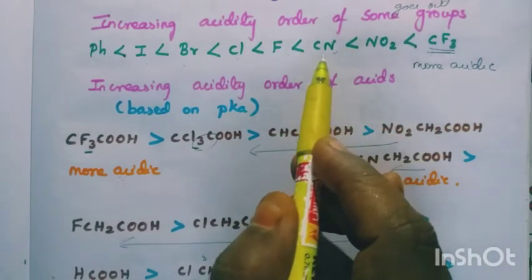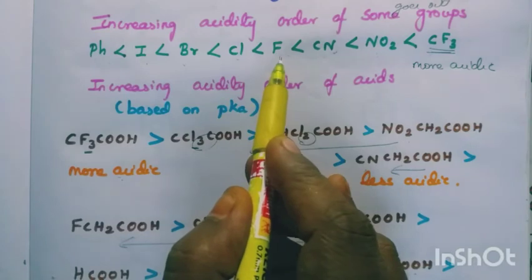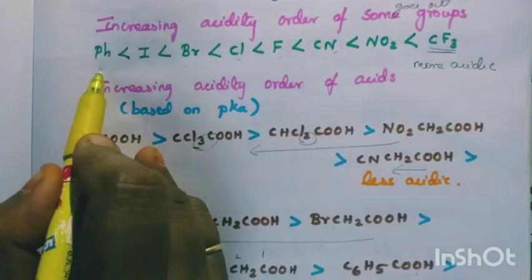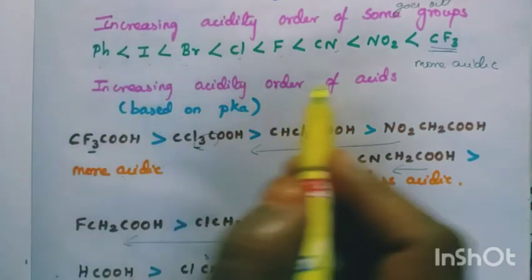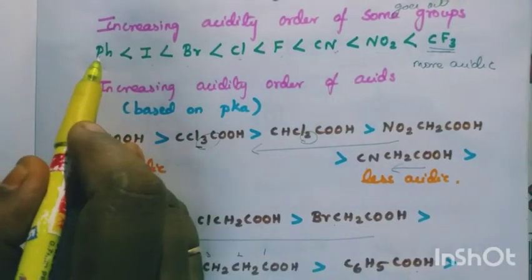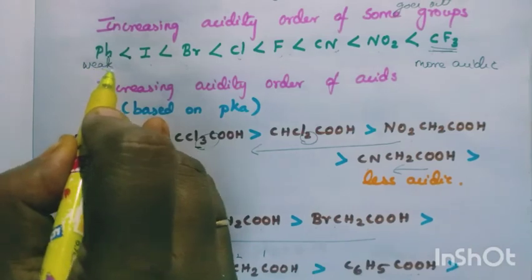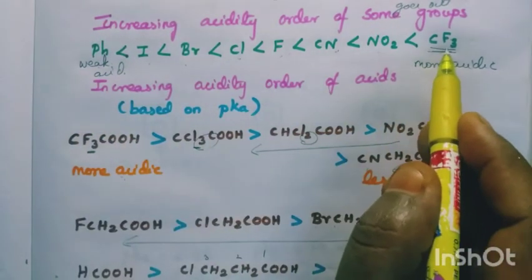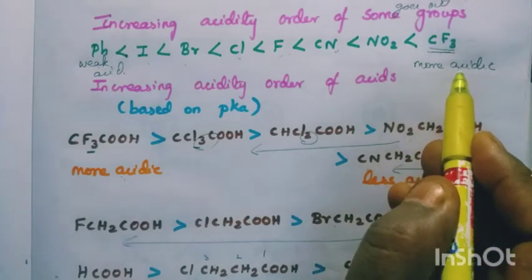Cyanide is also electron deficient. Fluorine is highly electronegative. Now chlorine, bromine, iodine and phenyl: this is donating, so it becomes a weak acid. Phenyl group means it is a weak acid. If fluorine is highly electronegative, then it is more acidic.